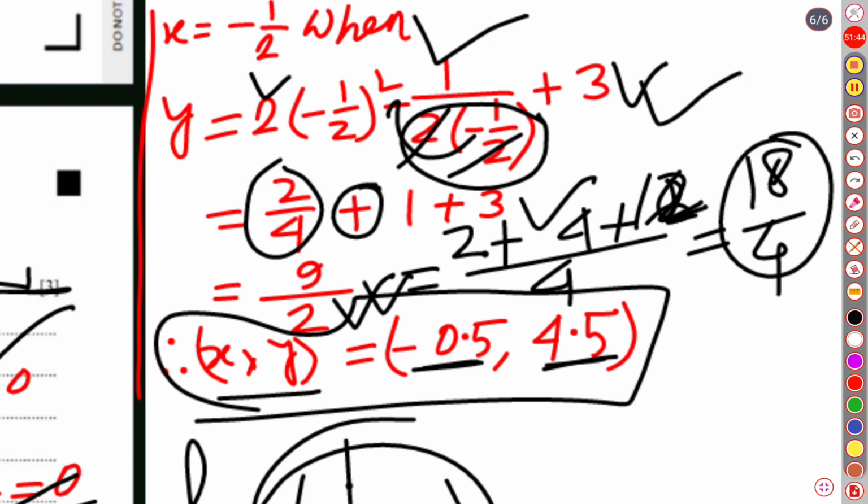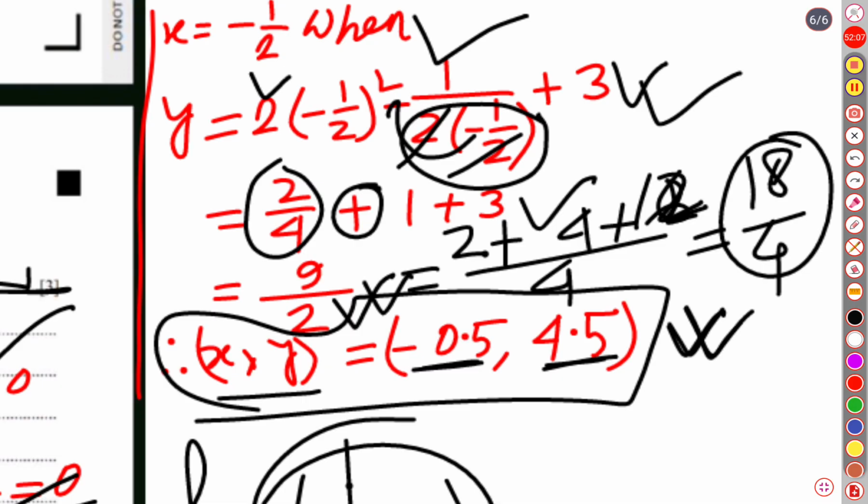Whenever we are asked to find the stationary point, first of all we find the derivative, and set the derivative equal to 0. When the derivative is equal to 0, we obtain the x coordinate. Then substituting the x coordinate in the function, we get the corresponding y coordinate. That is the stationary point of this question.